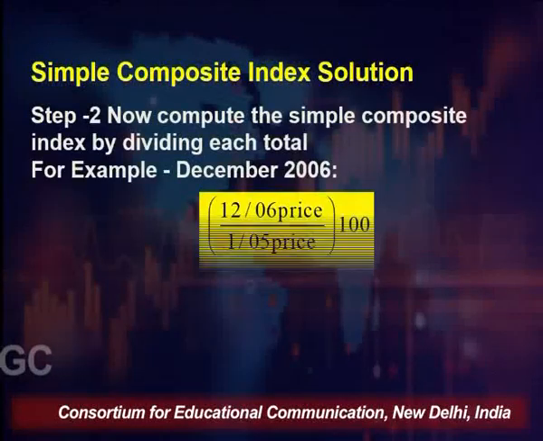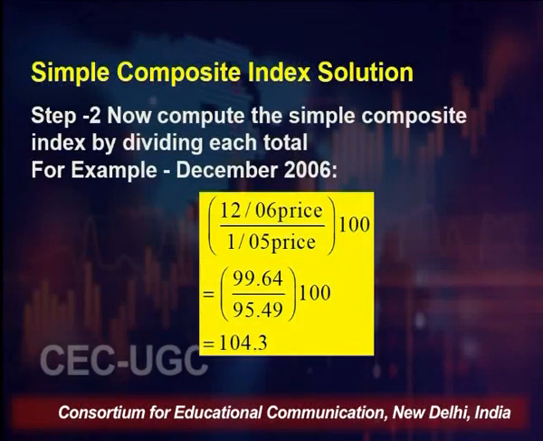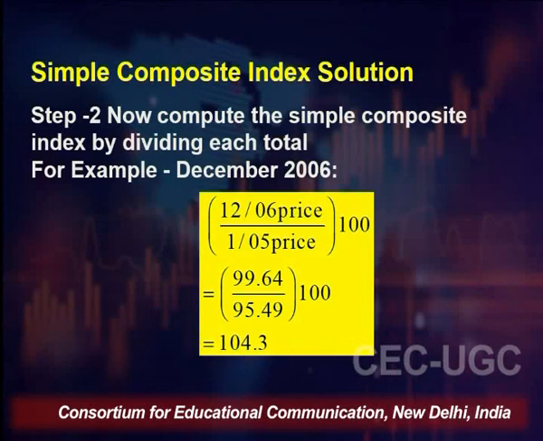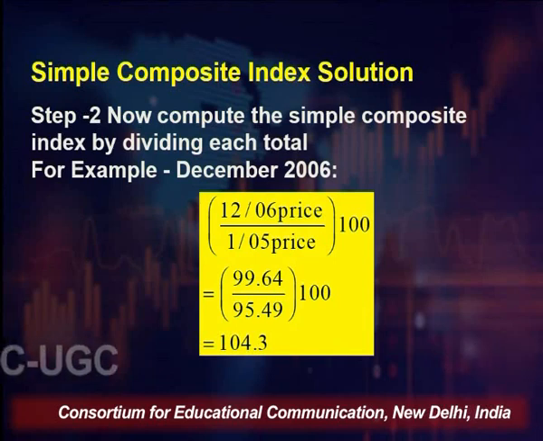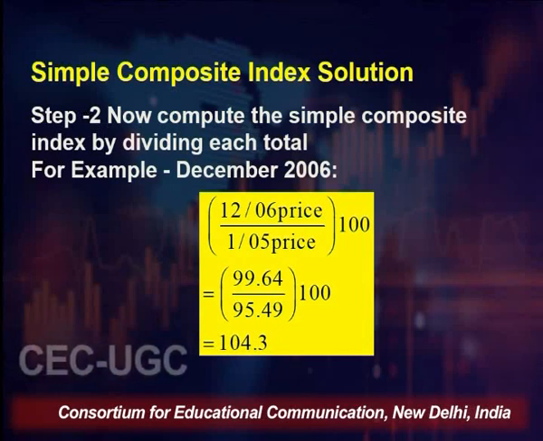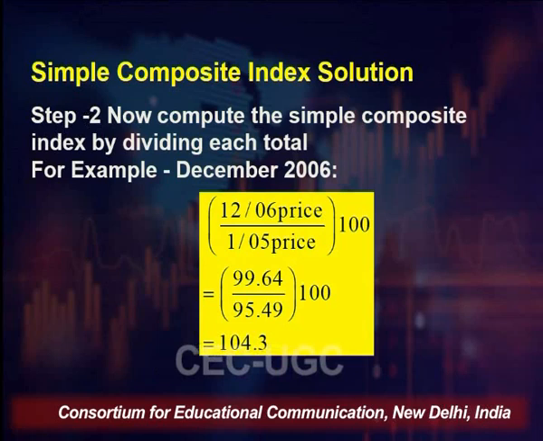And after that, step 2 is that we compute the simple composite index by dividing each total. Say for instance, we have the December 2006 value. In December 2006, whatever is the price becomes our current value, and the price we have chosen as base, that is the January 2005 price, 99.64, and we multiply by 100.